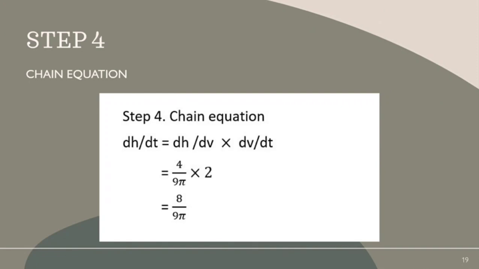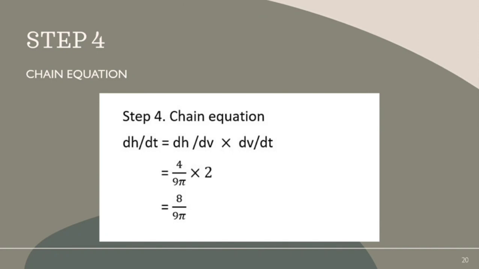Last but not least, step 4, chain rule. So where did this idea come from? Let me explain. Actually, any kind of fraction, we can separate it. So dH over dt, which is what we want to find, we can separate like this: dH over something times something over dt.